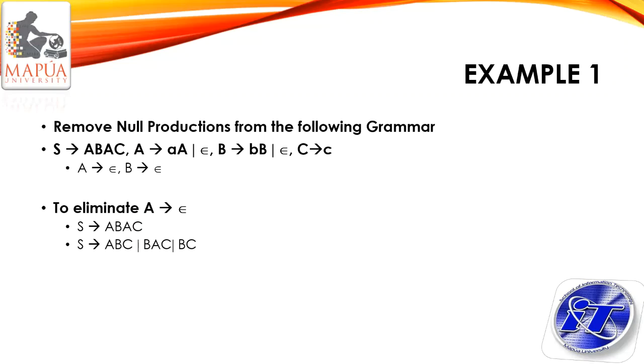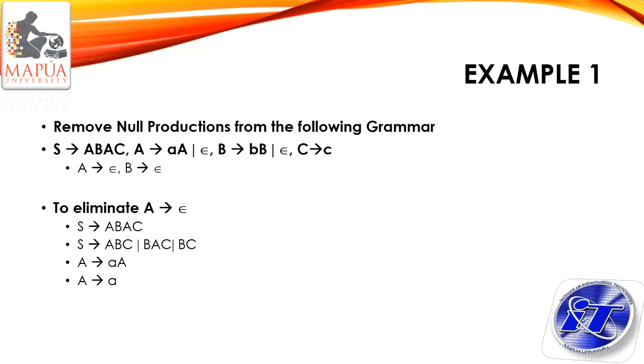Now let's proceed with A. In A, we have the production terminal a and non-terminal A. Second would be to replace all A by null. So the result will be non-terminal A yields to a. Other than that, we don't have other rules that are connected with A. So we stop.